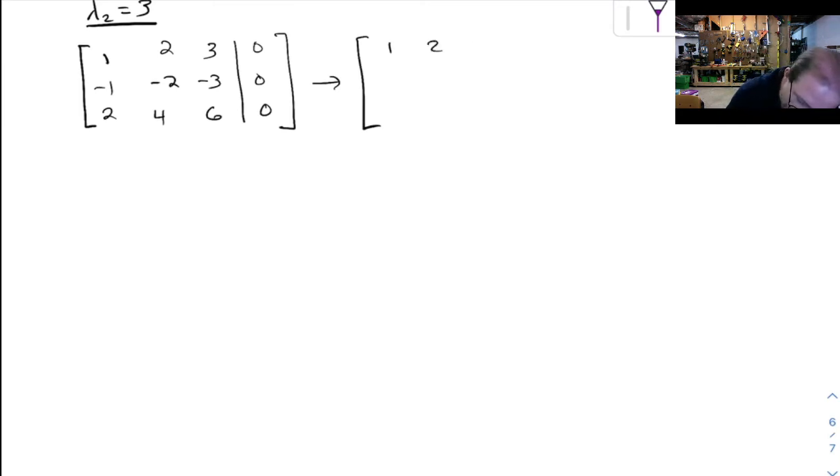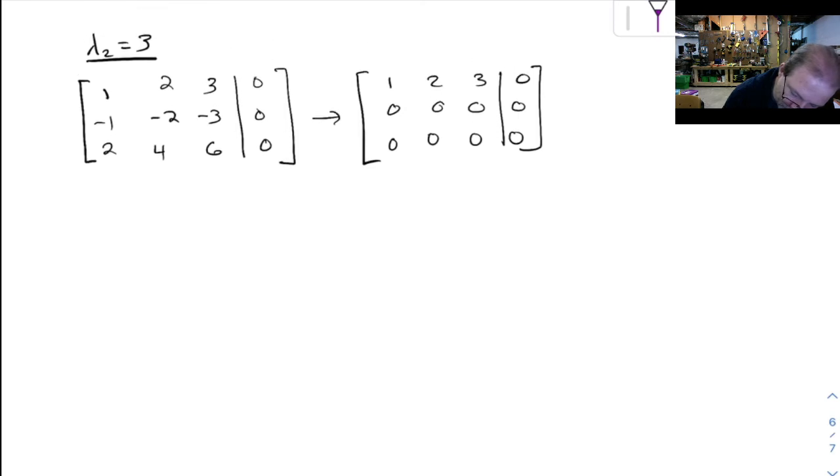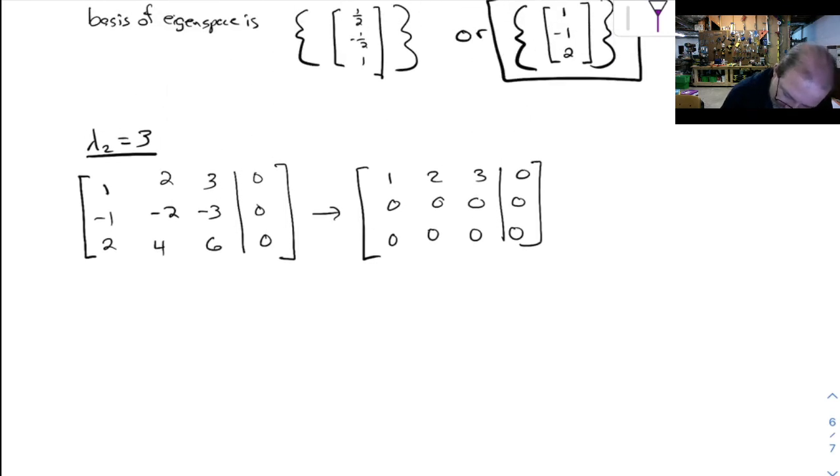Yeah, 1, 2, 3, 0, and then a bunch of zeros. And so this is going to give me, let's see, x, y, z. Y and z are both free. So this top line gives me x equals -2y minus 3z. Y is just y. Z is just z.